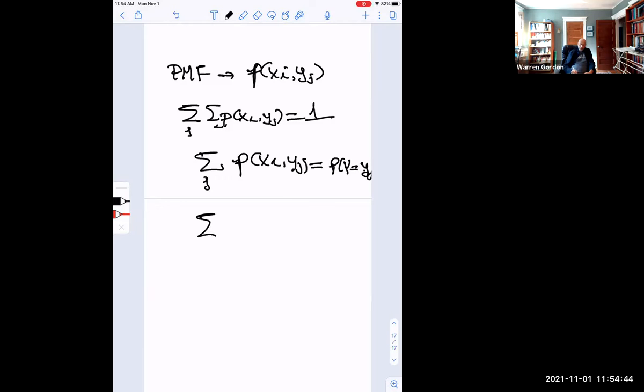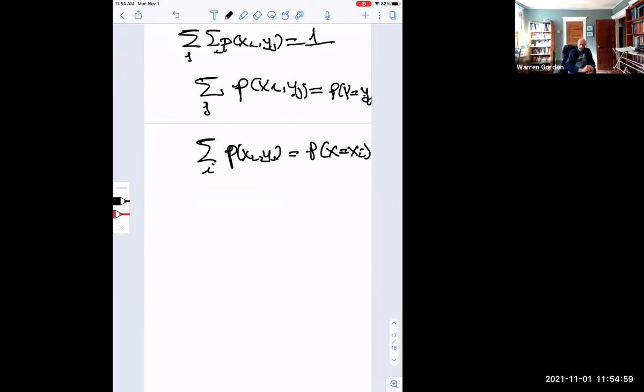If you sum it over a row, you get the probability that X equals X sub i. Clearly, I never said it, but it should be obvious from all of this that all these numbers also have to be between 0 and 1.